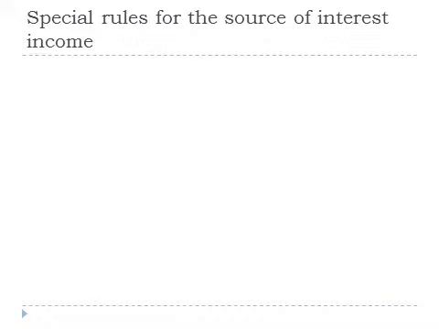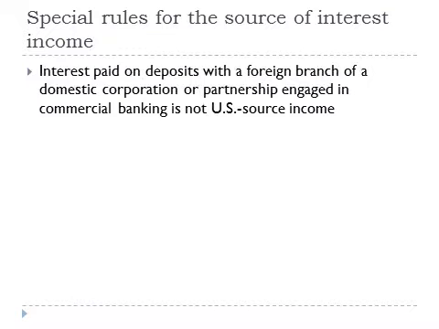There are exceptions to the general rule for sourcing of interest income. Interest paid on deposits with a foreign branch of a domestic corporation or partnership engaged in commercial banking is not U.S. source income.